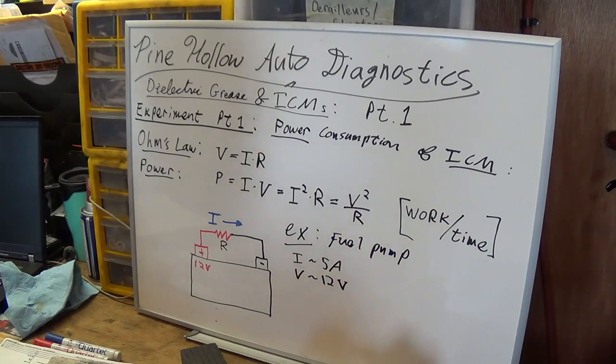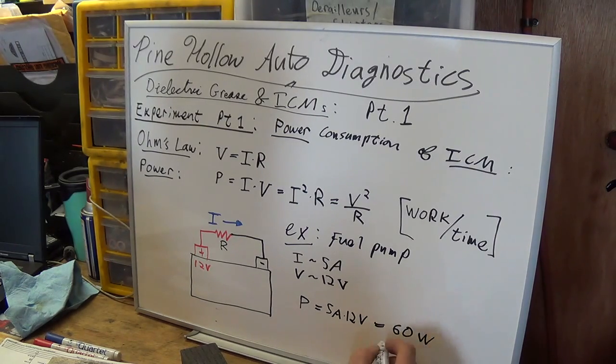So when that pump is running at these parameters, our power consumption would be 5 amps times 12 volts, which equals 60, and the units for power are watts.